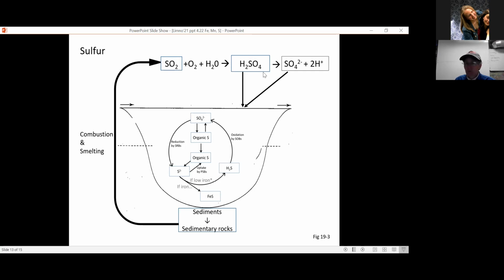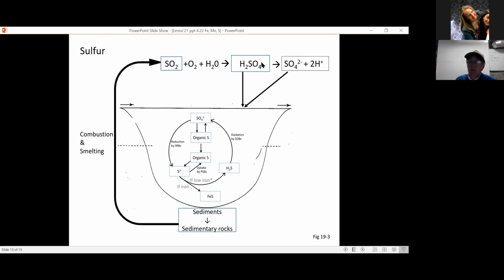Sulfuric acid is a strong acid. If it's dissolved in water, it dissociates in water. And what that means is you get sulfate ions and 2 protons released to the water. Because this molecule, sulfuric acid, increases the proton concentration of the water, it adds free protons to the water, it is an acid.